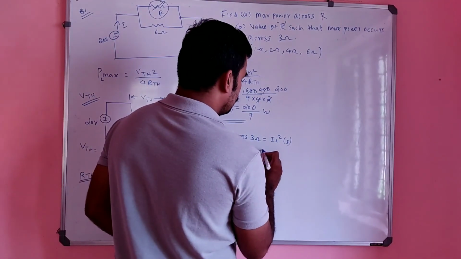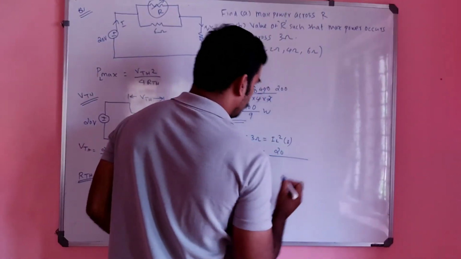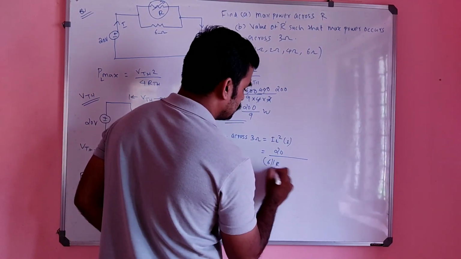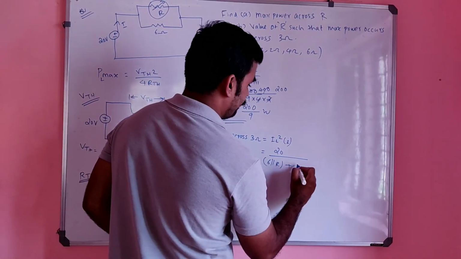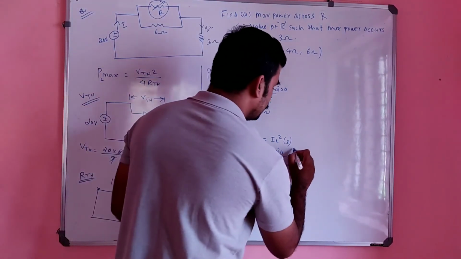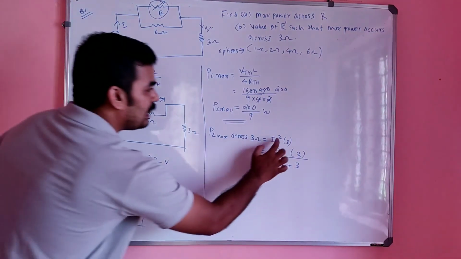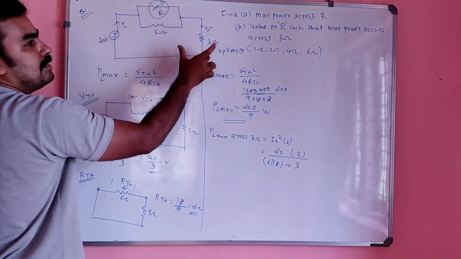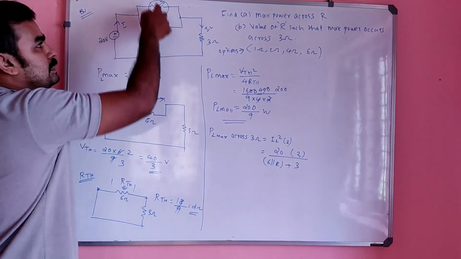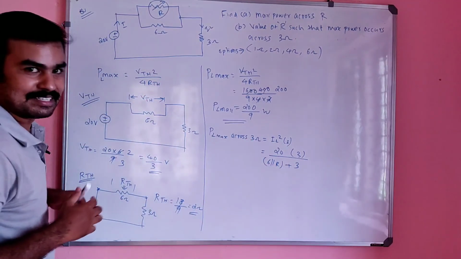And IL is nothing but 20 divided by the total resistance, into 3. IL will be voltage divided by total resistance. Total resistance is nothing but 6 parallel to R plus 3, that is the total resistance.